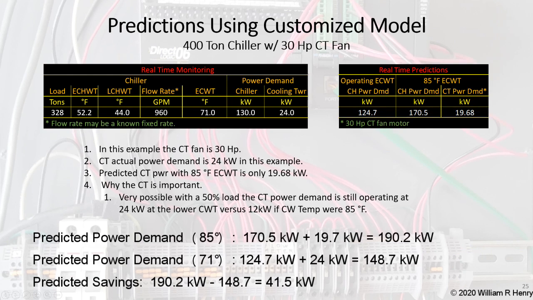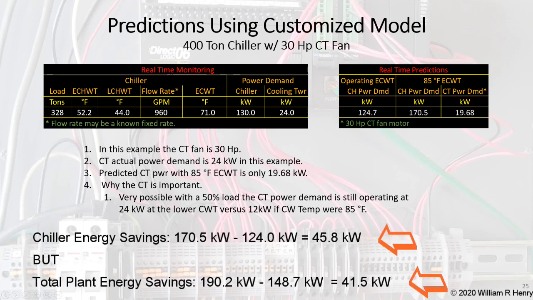Therefore, the predicted savings for the chiller plant is just 41.5 kilowatts versus the 45.8 kilowatt savings of the chiller. So now we have a more realistic evaluation of the actual operating savings, and it is done in real time.